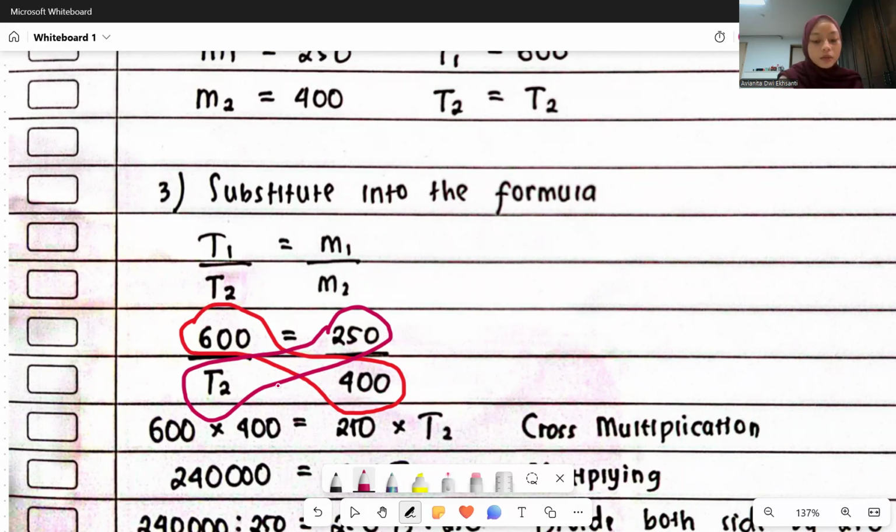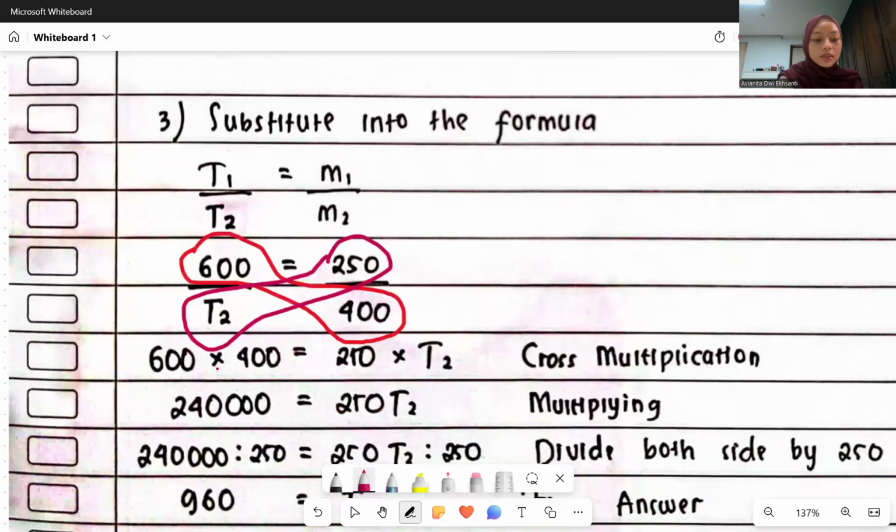After that, we calculate the multiplication. 600 times 400 is 240,000 equals 250 times T2, which is 250 T2.